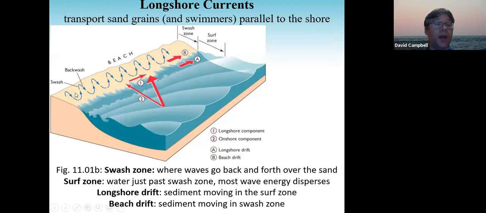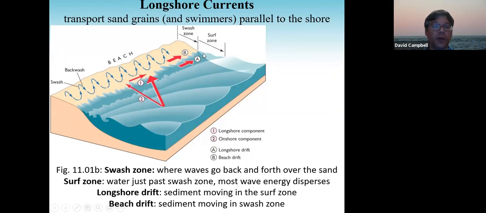The swash zone up here is where alternately we have waves coming onto the beach, washing back again, in and out, back and forth. Surf zone is just out from the swash zone.